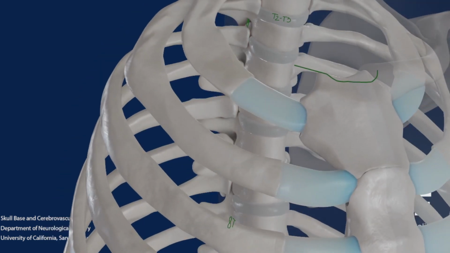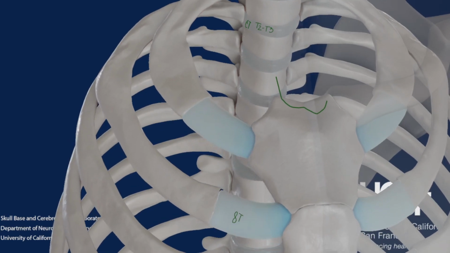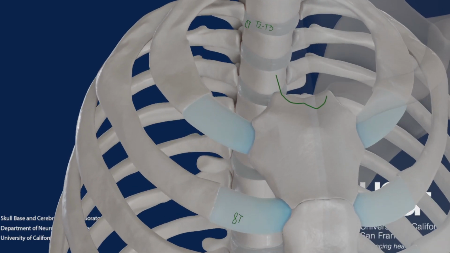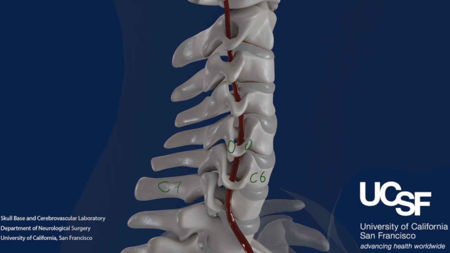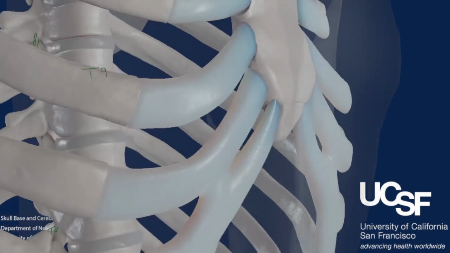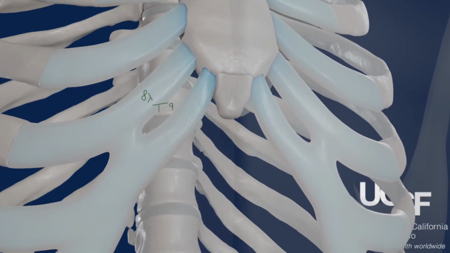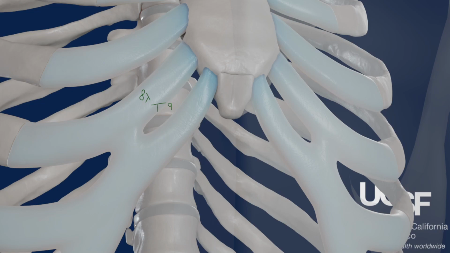So that's intervertebral between T2, T3, T3, and T4, and this points out directly towards the body of T4. And inferiorly, we see the xiphisternal junction that serves as a landmark for T9, the body of T9, what we're seeing labeled.